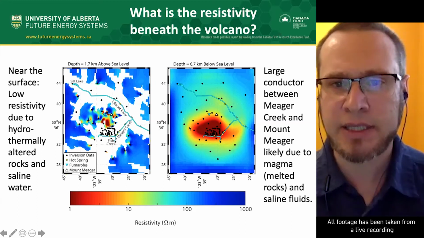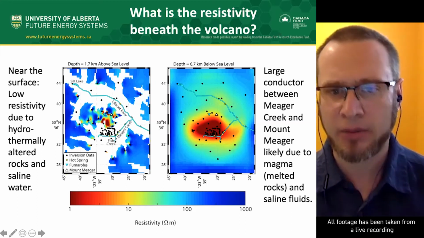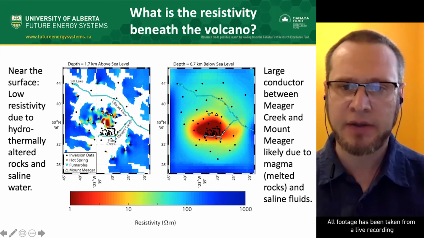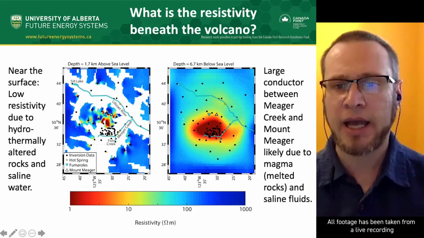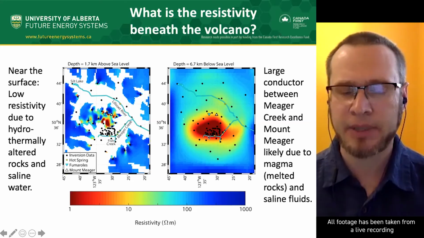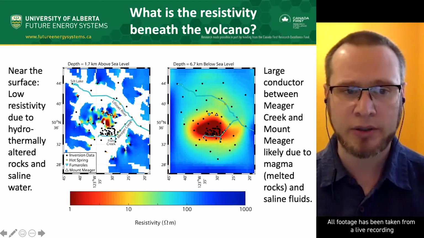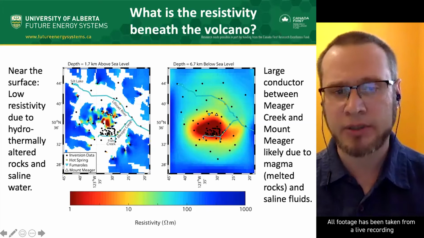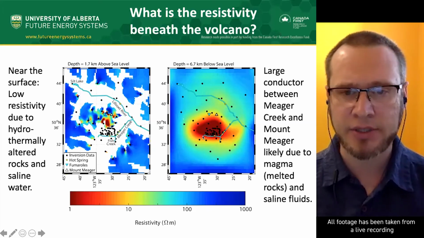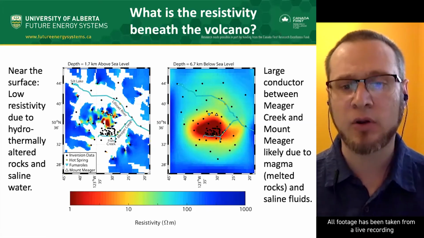If we go down deeper, this is now about 8 or 9 kilometers beneath the surface, there's a very large conductor. And so this is more likely because of melted rocks and possibly also salt water. So salt water, melted rocks, and other geothermal fluids have low resistivity.